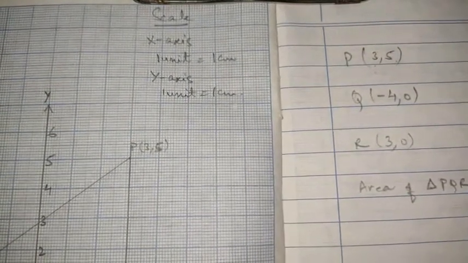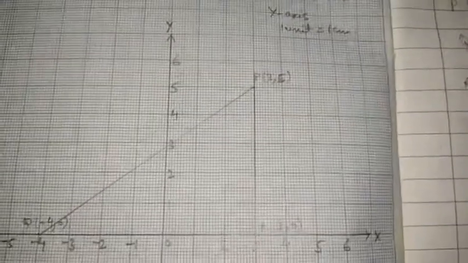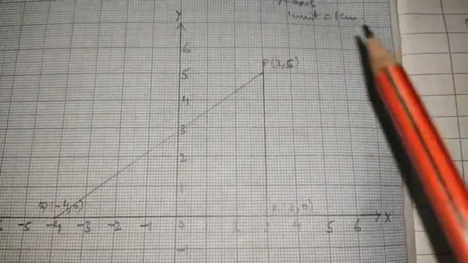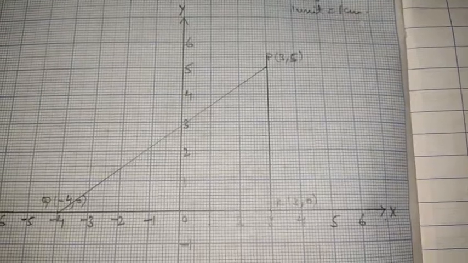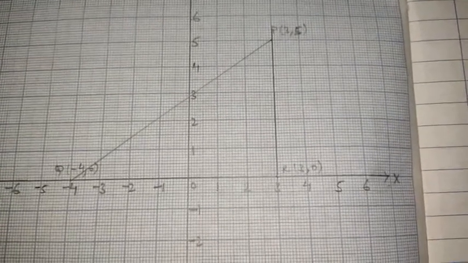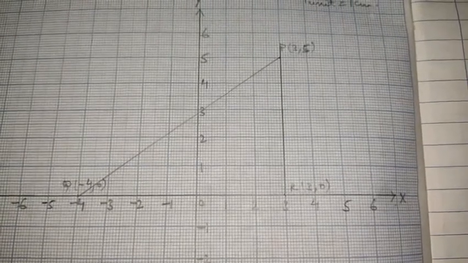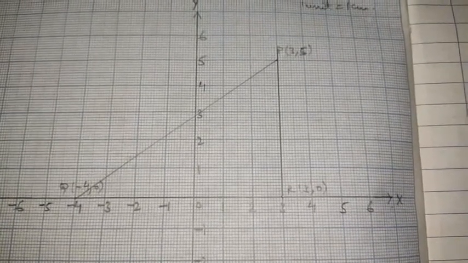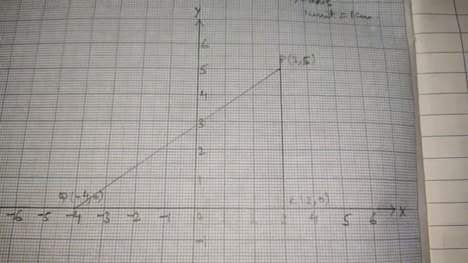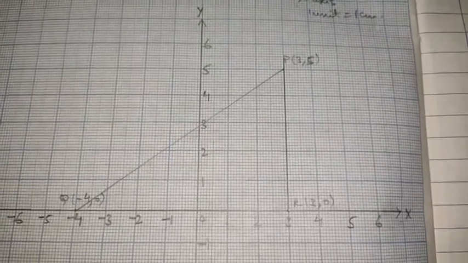The first point you are going to see over here is that the entire part of plotting I have done is with the help of a pencil, not with a pen, not even with a marker. So if you're attempting any question related to graph, related to coordinate geometry, you are going to use only a pencil.